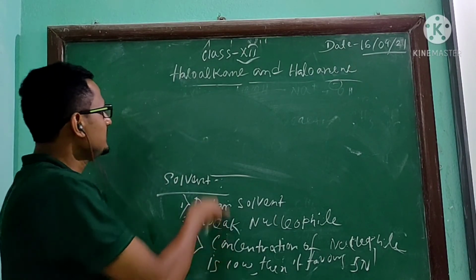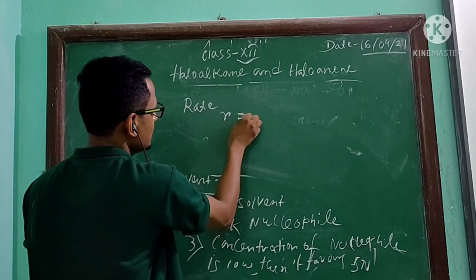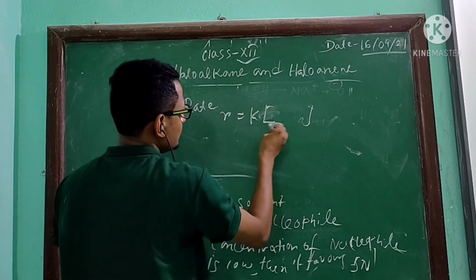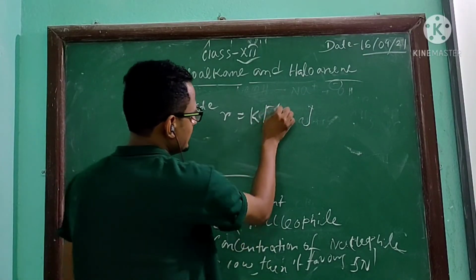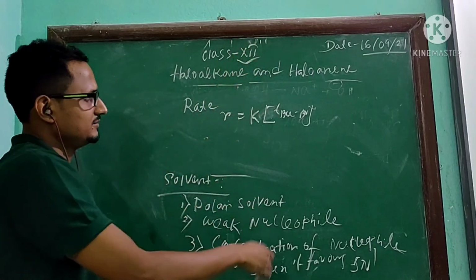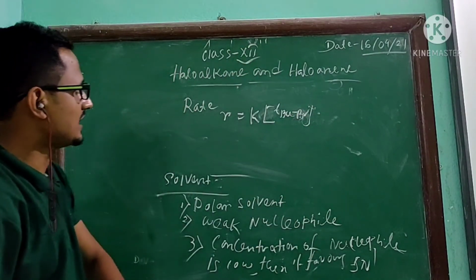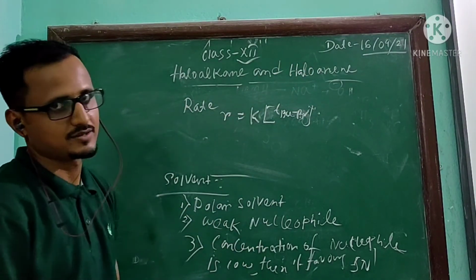So the rate of this SN1 reaction will be R equals K times the concentration of tertiary butyl bromide, because this is the carbocation formation step. This is the rate of this reaction, and that's why it is an SN1 reaction.